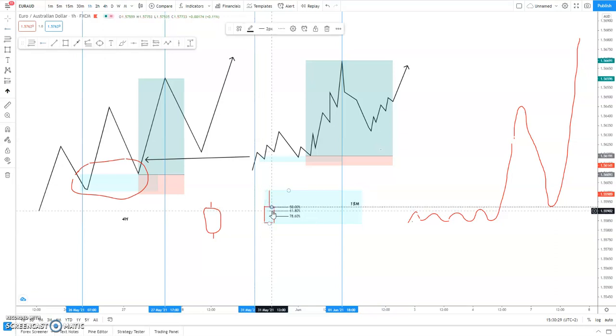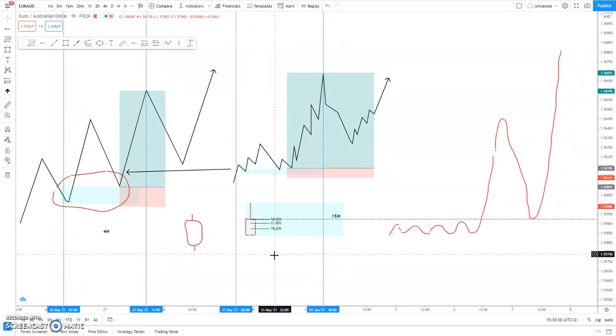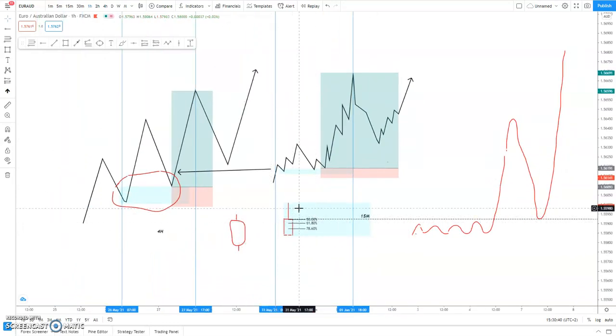So this is from the top of the candle, the low of the wick and the high of the body, where the body closes. But it will depend on whether it's a bullish or bearish market.